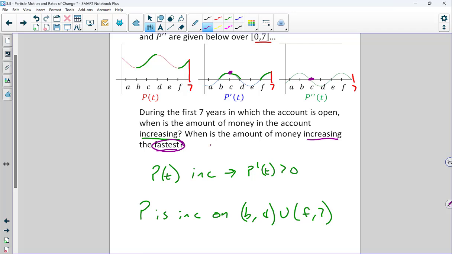Increasing the fastest is just another way of saying a point of inflection. That particular phrasing is going to come back a few times throughout the course of this year. When is a function changing the fastest? That's a point of inflection.